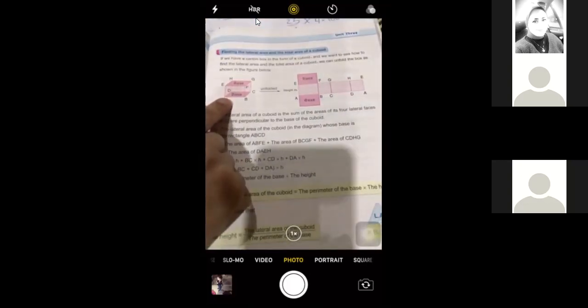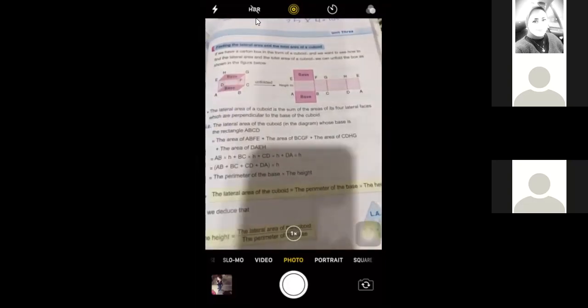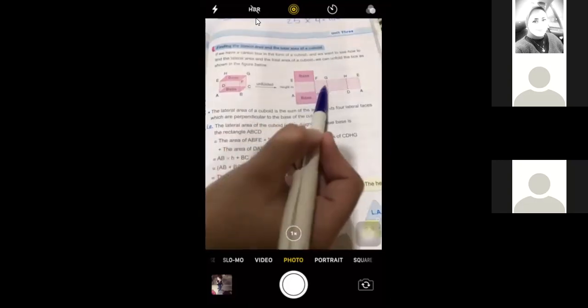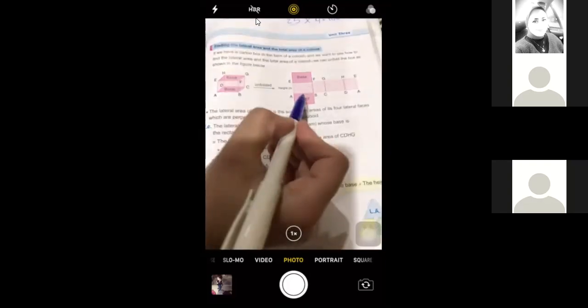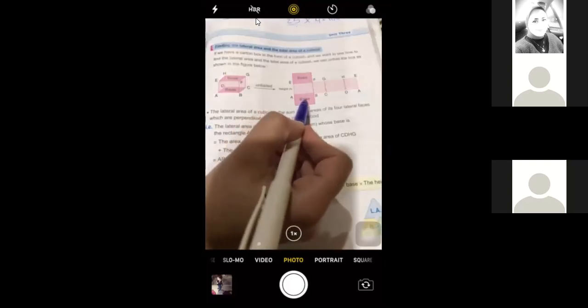We have 2 bases, the base down and base up. But the other sides like this are the lateral of the cuboid. When I want to get the lateral area, I get the perimeter of this base multiply the height. The height is this part. This is the height. Okay?